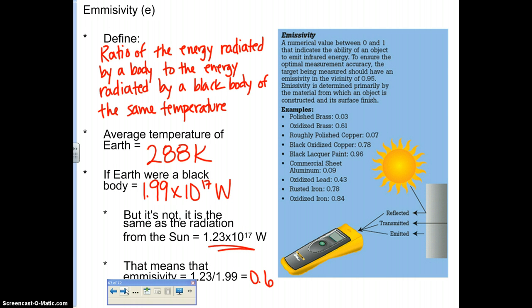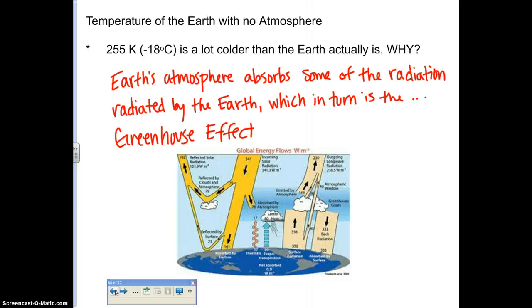This is looking at emissivity. Defining this, it is the ratio of the energy radiated by a body to the energy radiated by a black body of the same temperature. The average temperature of Earth is 288 kelvins, which means that if Earth were a black body, it would radiate 1.99 times 10 to the 17th watts. Well, it's not.